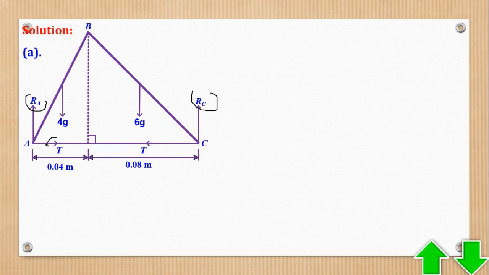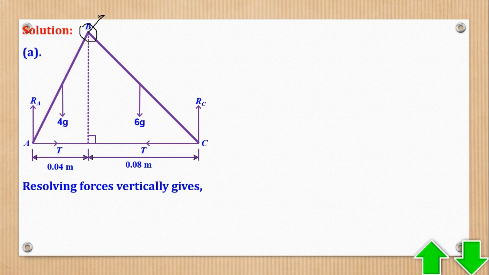When the string is in tension, those should be the arrows pointing towards each other. So those are the forces. Now we have left out one force, and that's the reaction at the hinge, because these are two reactions, but they are equal and opposite. One is that side and another is that side.